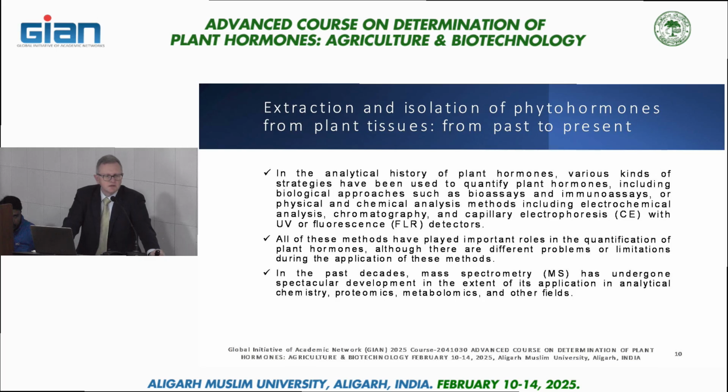The introduction of tandem mass spectrometry further enhanced the accuracy of phytohormone detection. These techniques allow greater sensitivity, enabling researchers to detect more hormones at extremely low concentrations, sometimes down to the picomolar range.